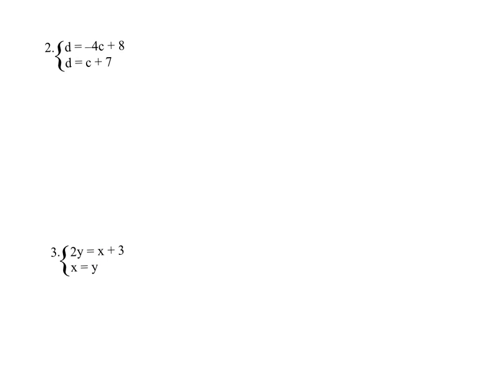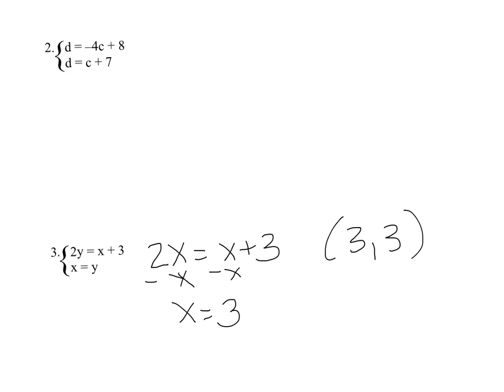So let's say I replace the y with x, so I'm going to get 2x equals x plus 3. So I basically replaced something in the top with something from the bottom. Subtract x from both sides, and you get x is equal to 3. And since x equals y, you already know that it's going to be 3, 3, because x and y are equal. Done.